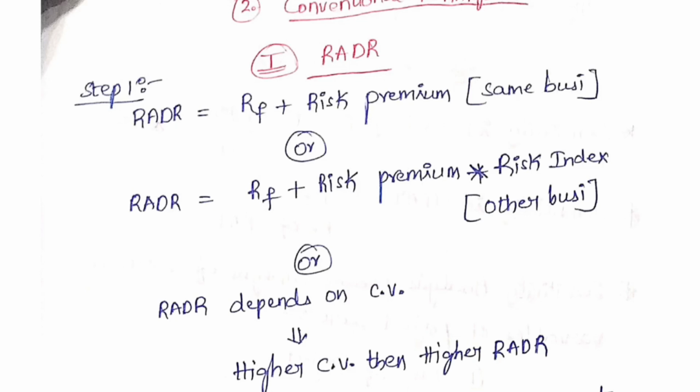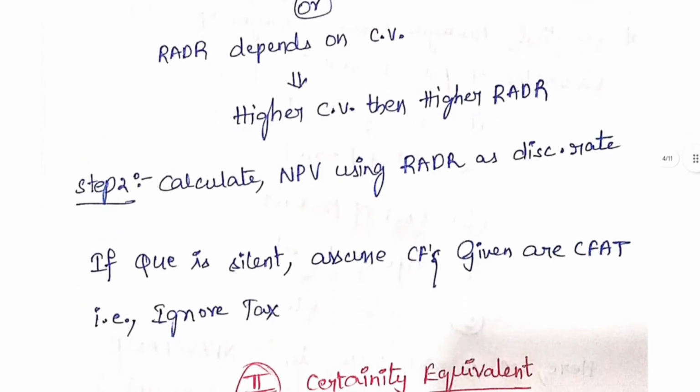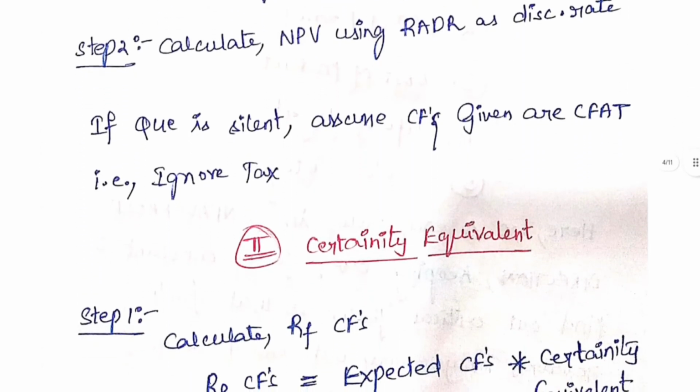Or we calculate RADR depending upon CV: higher CV, then higher RADR needs to be taken. Step 2, calculate NPV using RADR as the discounting rate. If the question is silent, assume cash flows given are cash flows after tax, that is, we ignore tax.